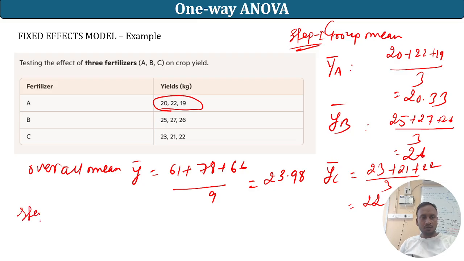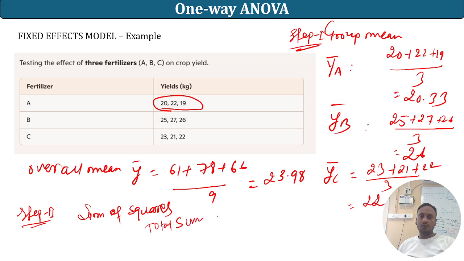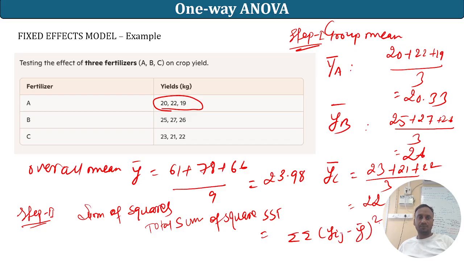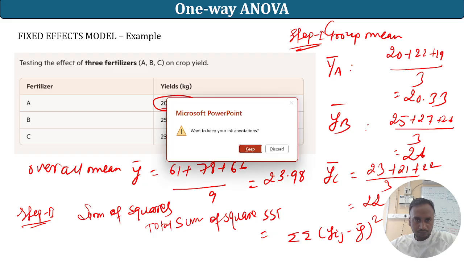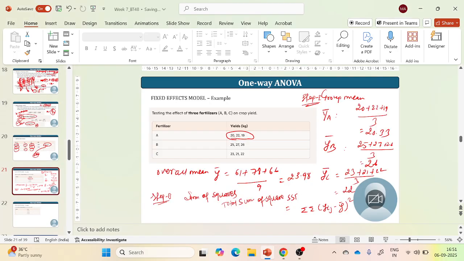So now step 2, we have to calculate the sum of squares. First one is the total sum of squares. What is the formula? Summation of Yij minus Y bar whole square. I will take one page. So what will be there?